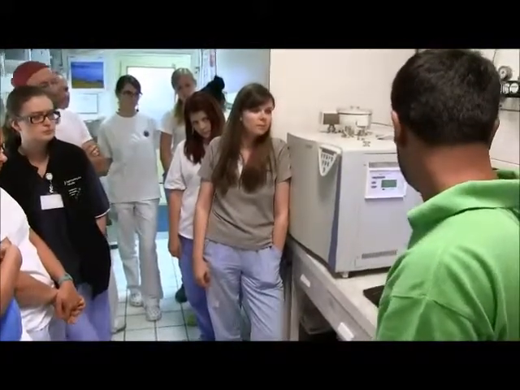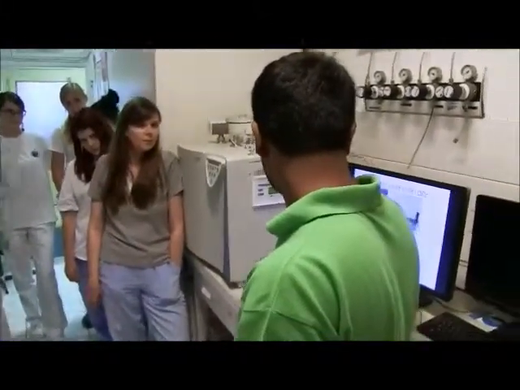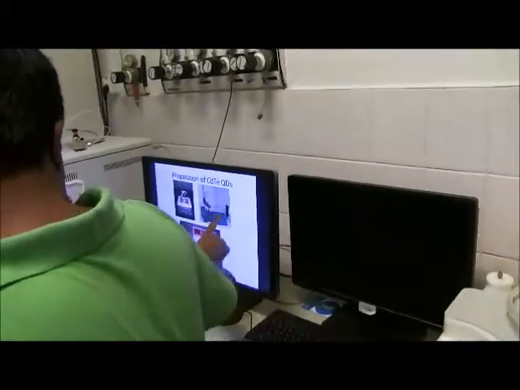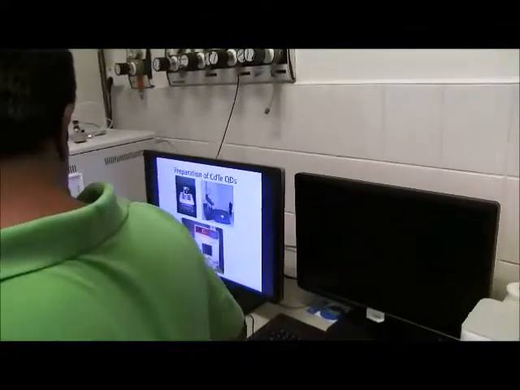This is the picture of the setup. The solution is made on a magnetic rotor, and the pH is checked by a pH meter.